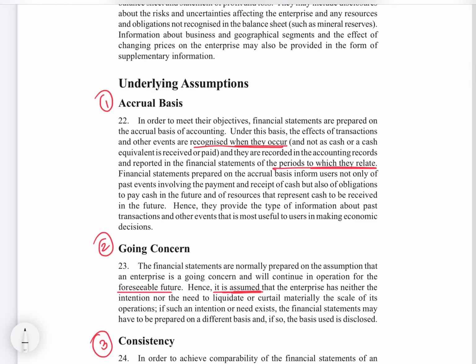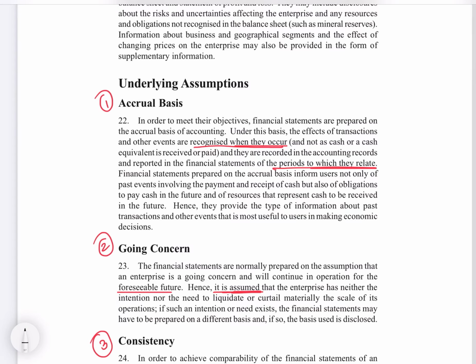As we know, the bases of accounting are two types: accrual basis and cash basis. So the underlying assumption is that when we apply accounting standards, these books are maintained on the accrual basis of accounting. So accrual basis means that as and when they occur, irrespective of whether it is received or paid, when the obligation arises, it is booked in the books to the period to which it relates.